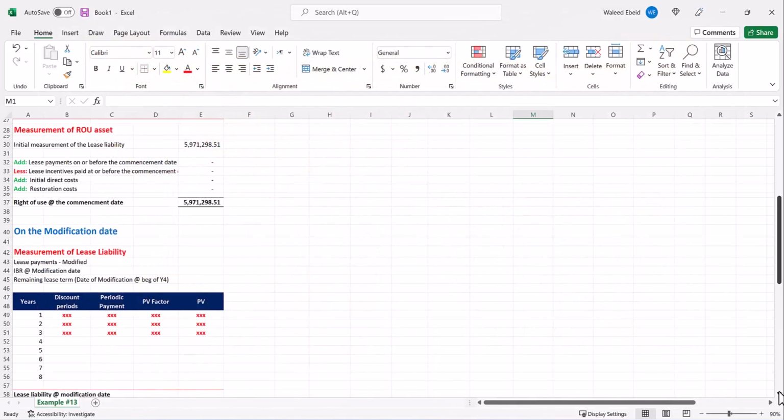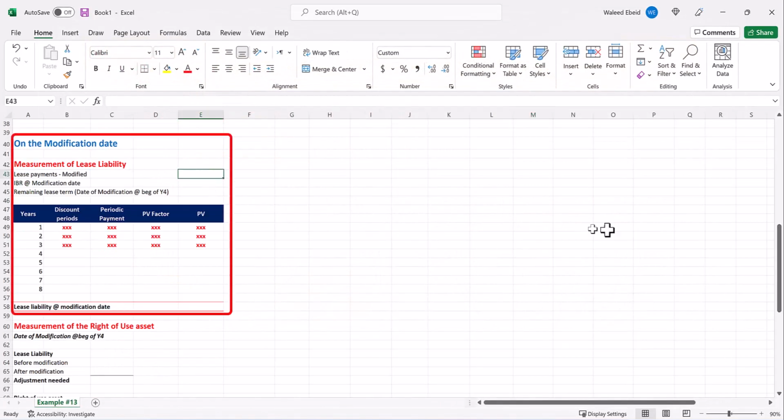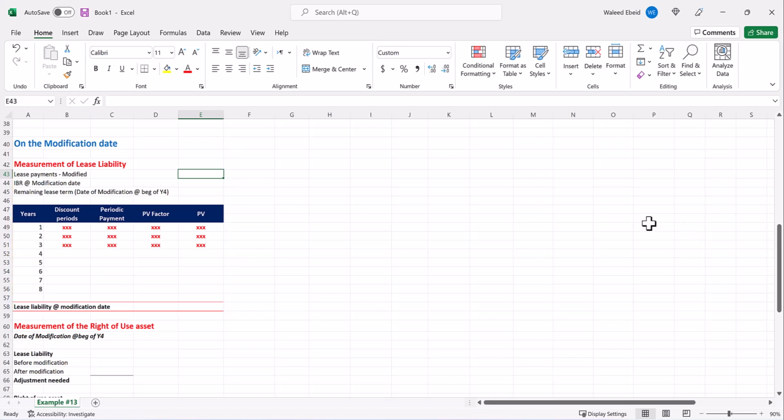So, here is the template for the lease liability calculation. This is the revised lease payment, the revised discount rate of 6%, and the remaining lease term is 5 years starting from the beginning of year 4, which is the date of modification.